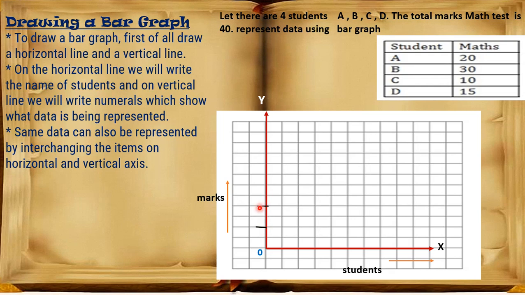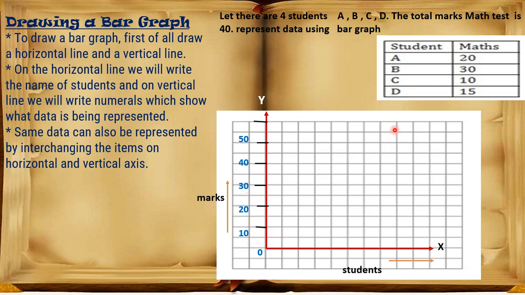Here I am using 2 units or 2 centimeters equal to 10 marks. That means 1 unit is equal to 5 marks. Like this we will place the values for the marks on the y-axis.